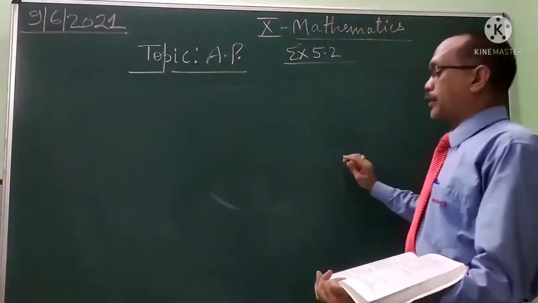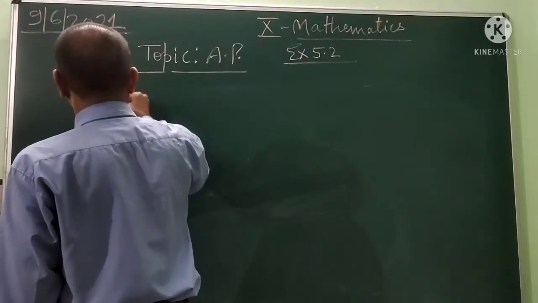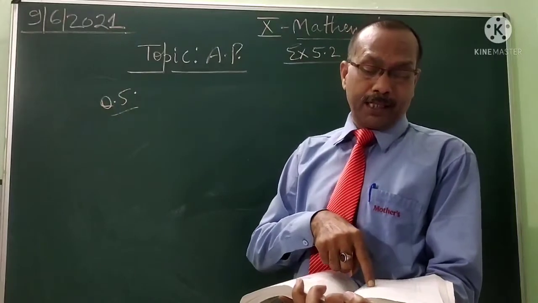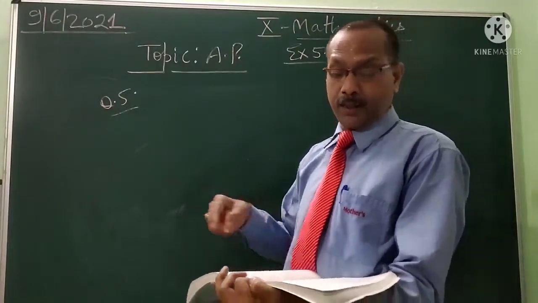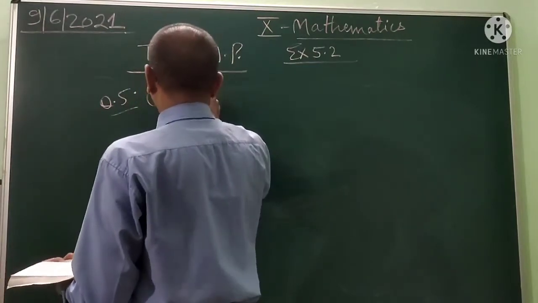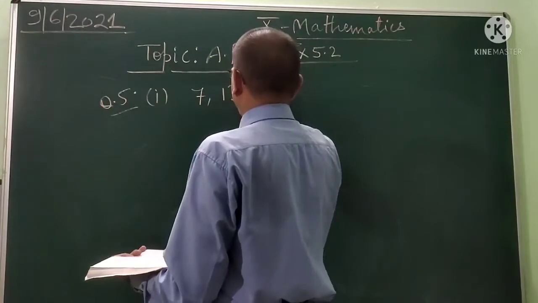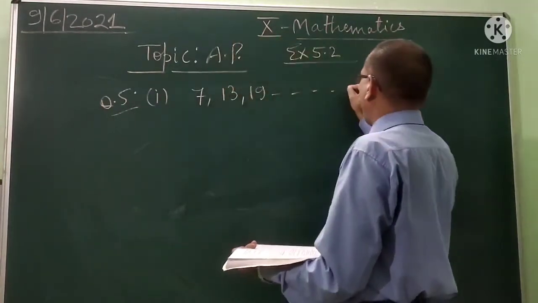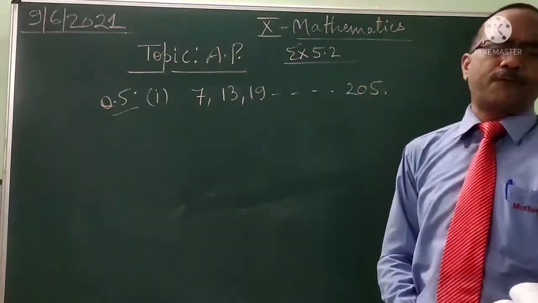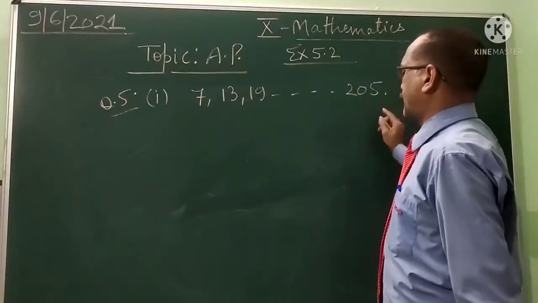Student, now question number 5. Find the number of terms of each of the following APs. The given AP is 7, 13, 19 and so on, and 205 is the last term. So let this be the nth term.